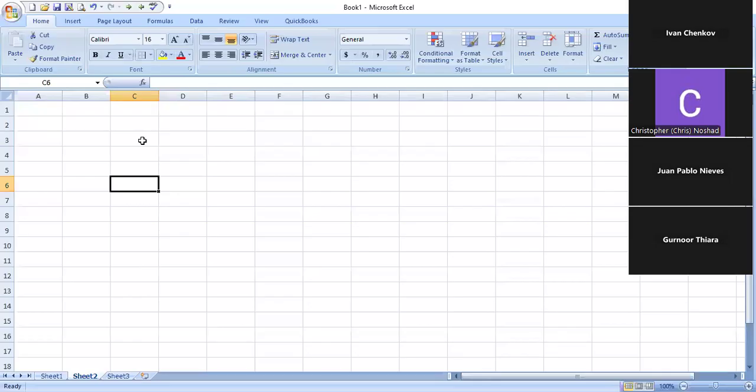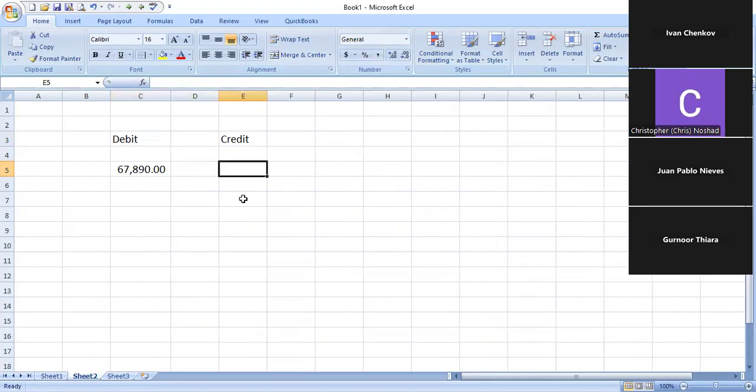Okay, so let's say we have this trial balance with different accounts. Our debit and credit have different amounts. Let's say total debit is 67,980, and our credit is 68,790.